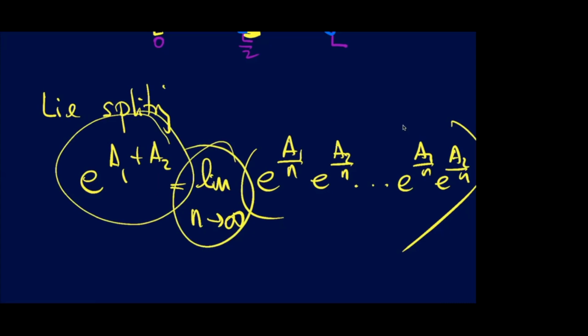The bracket will emerge, the bracket that makes the cross effect of A1 plus A2 modify the dynamics that you would get separately by A1 and A2. You need, of course, in theory, n going to infinity, but in practice you can apply this with n large, but not going to infinity, and you see already the cross dynamics emerging.